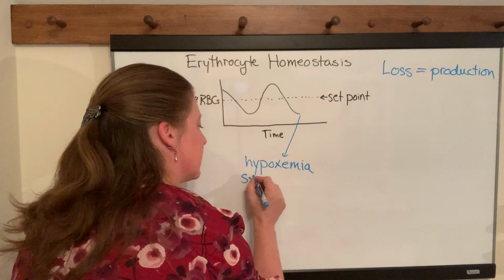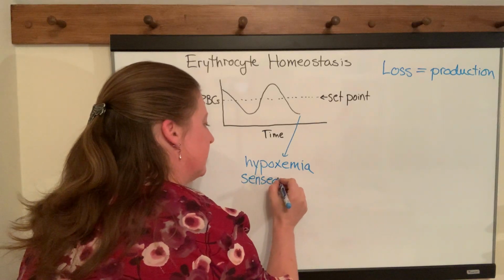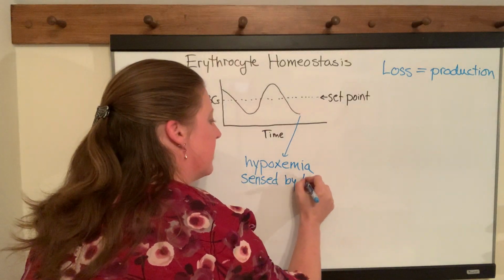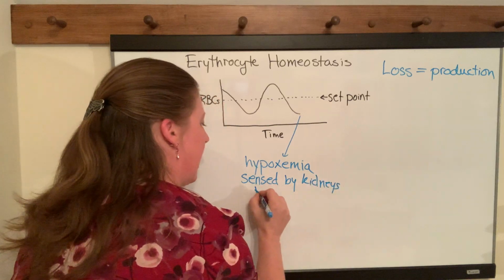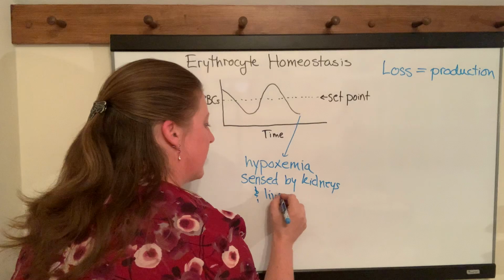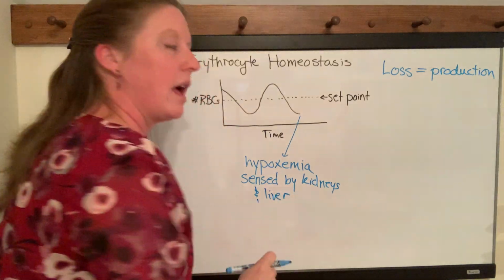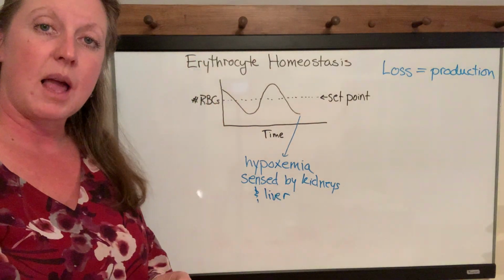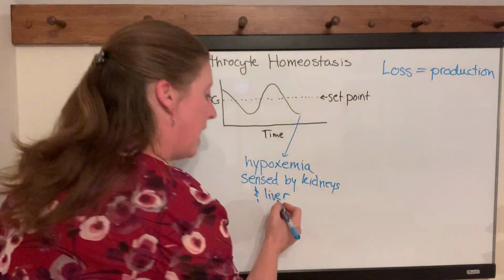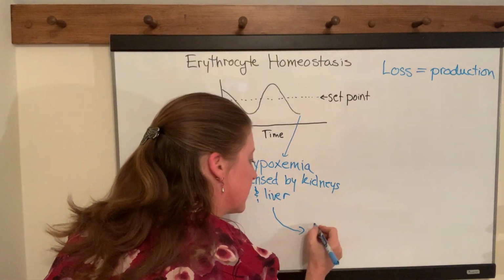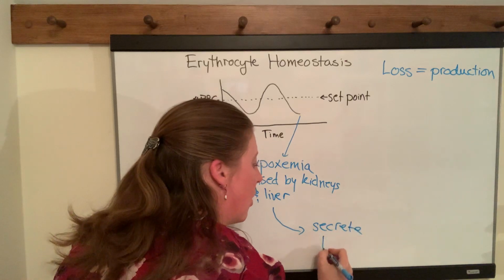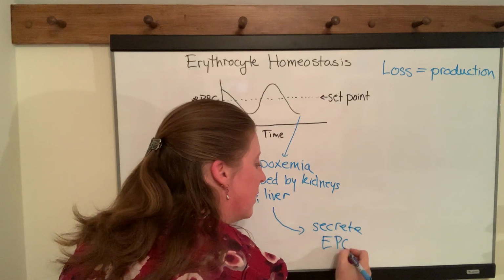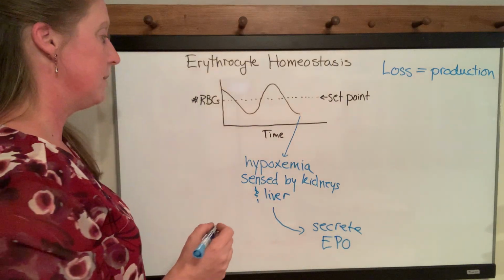Hypoxemia is sensed by the kidneys and the liver. And when they sense this hypoxemia, their response is to secrete something called erythropoietin, which is abbreviated EPO.